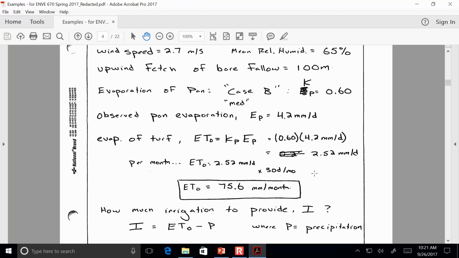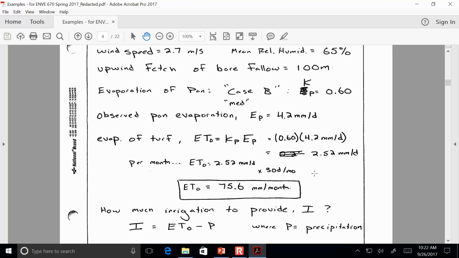This is saying, assuming that all we want to do is overcome the evapotranspiration, if we're neglecting the additional water needed for plant growth, if we're neglecting any water that gets down into the soil, if all we're doing is making up for evapotranspiration, then the irrigation would have to be at least as much as the evapotranspiration. But we know that it might rain, so if it rained, you don't have to provide as much irrigation.